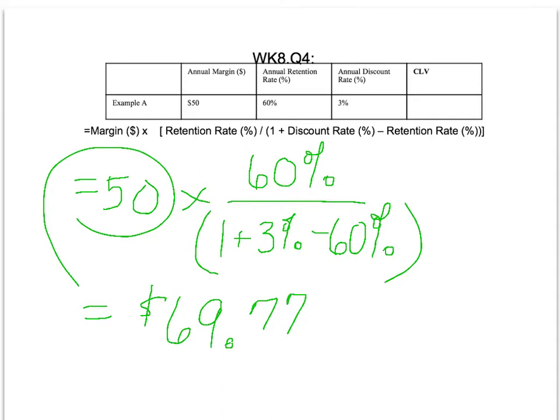But again, that is dependent on the retention rate. So each year you're losing 40%. You have a 40% chance of losing that customer. And your discount rate, again, is going to reduce the current value also.